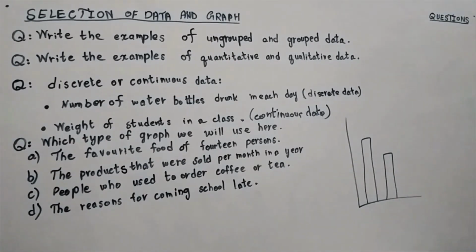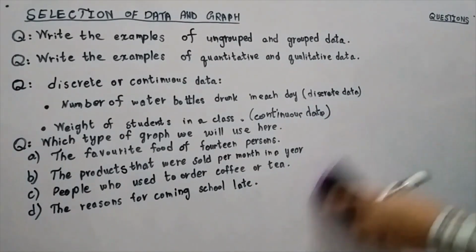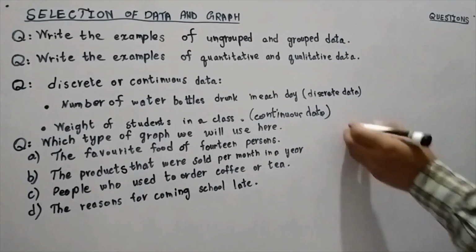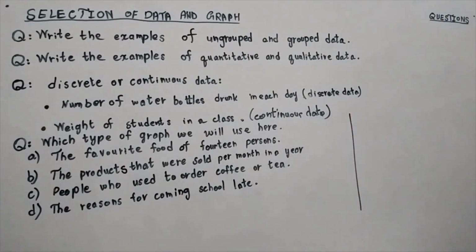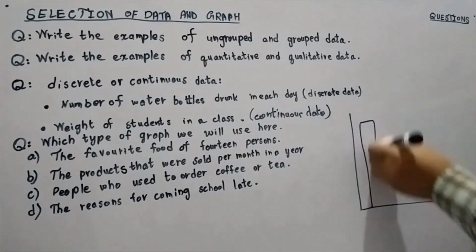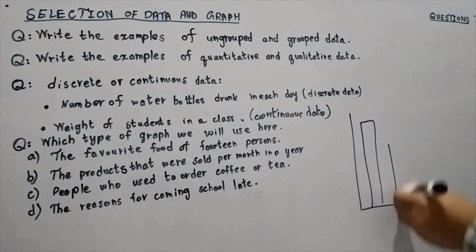Now the last one, the reason for coming to school late. Here you can see we have some reasons given by the students who come to school late. So you can draw a bar chart, and your bars should have the same thickness.